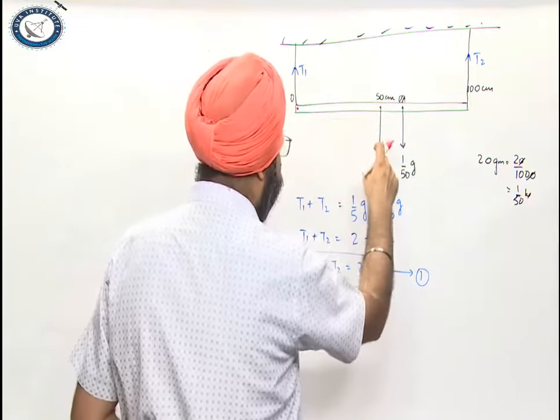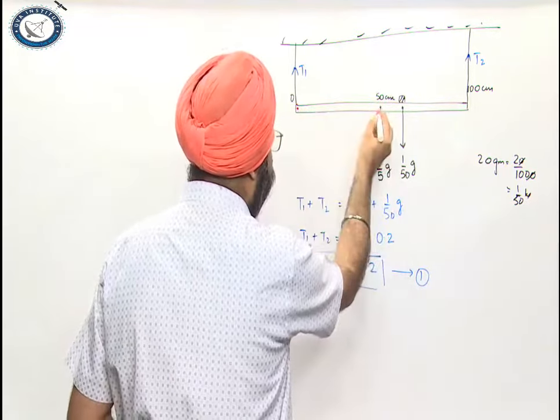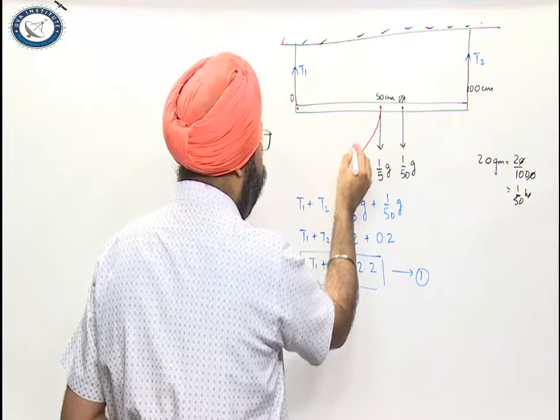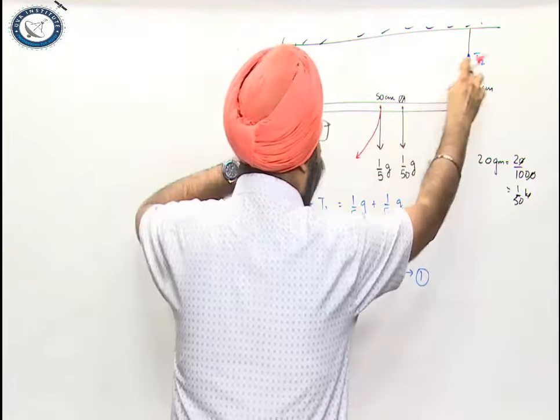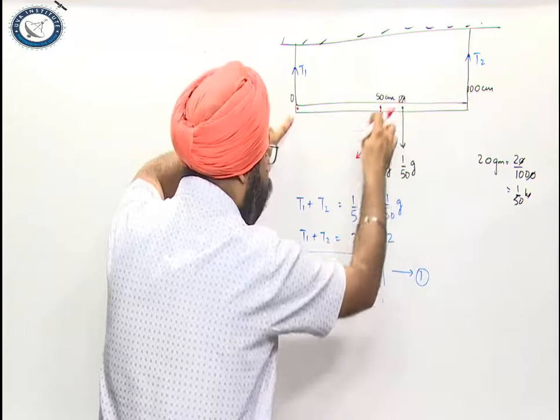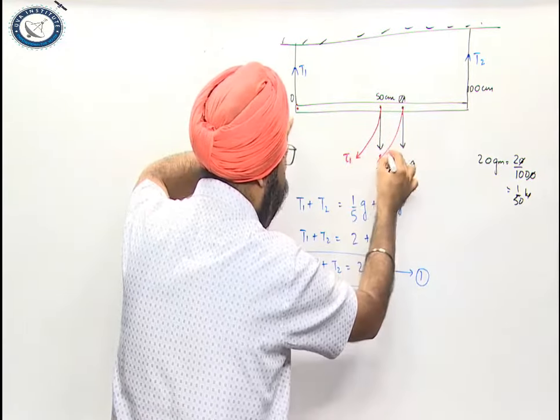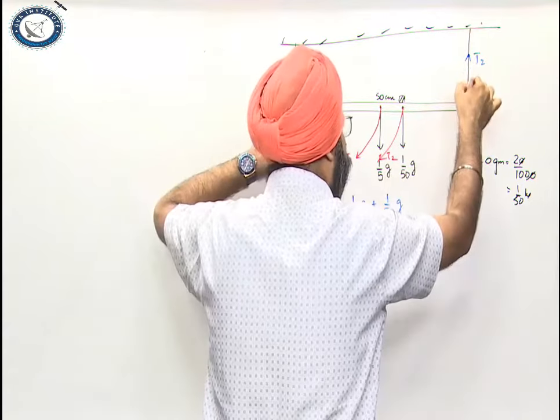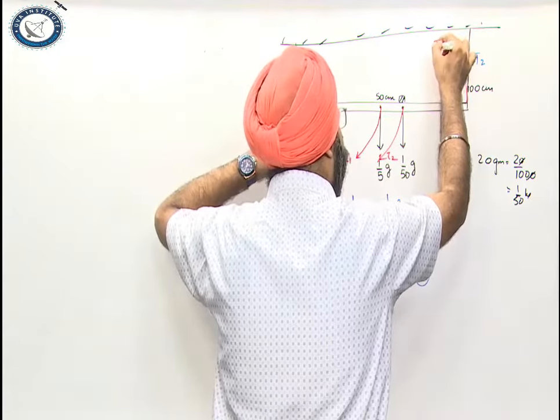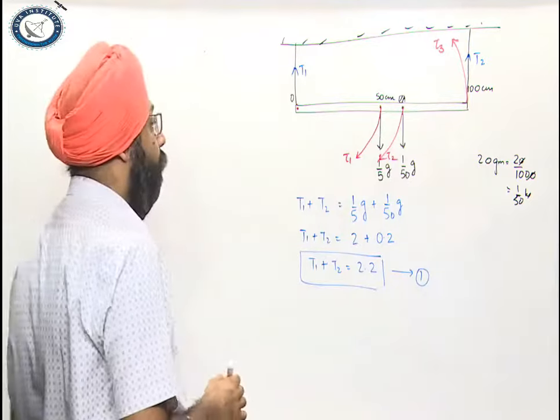Now, about this point, the torque due to the weight is in the clockwise direction, and the torque due to T2 will be in the anti-clockwise direction.